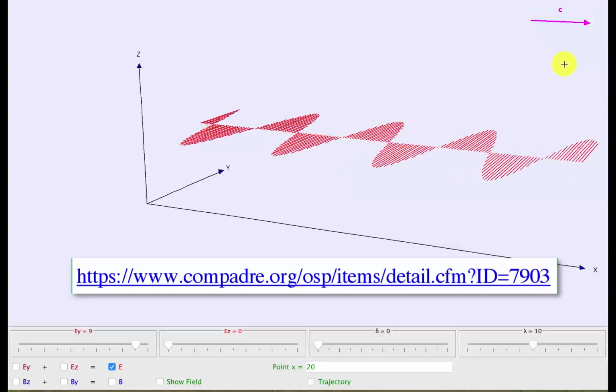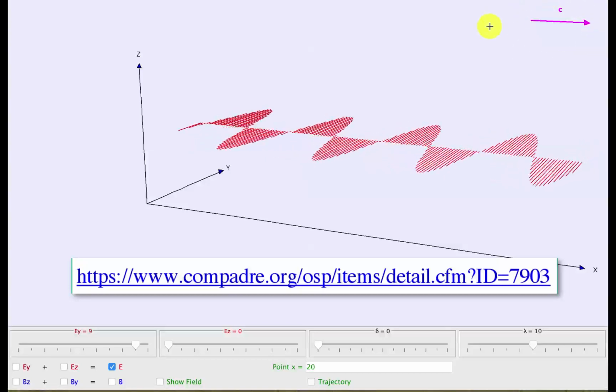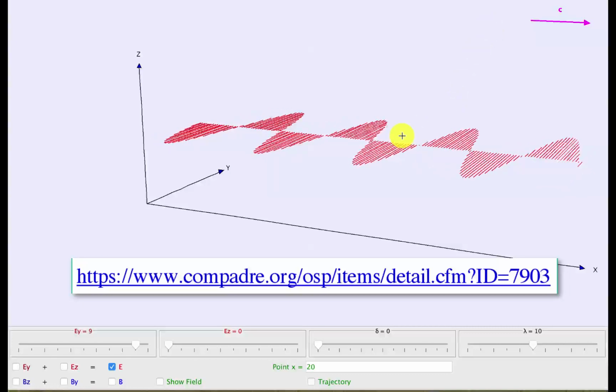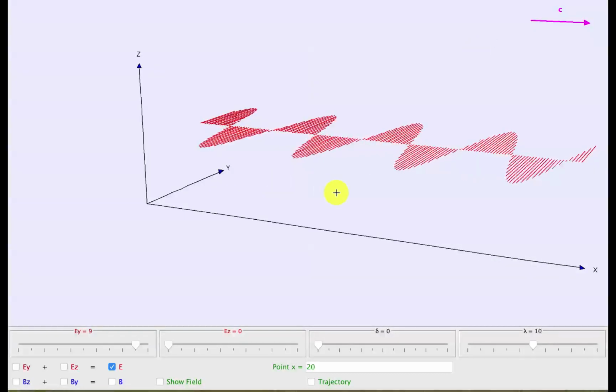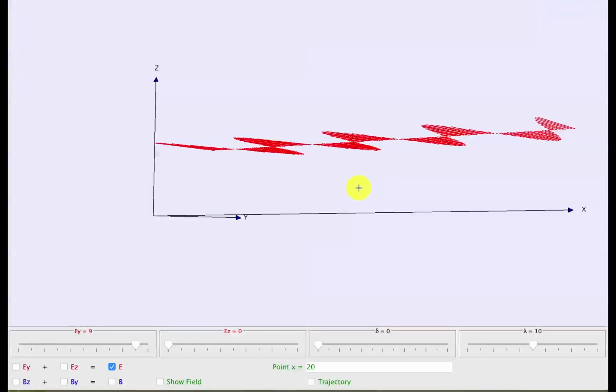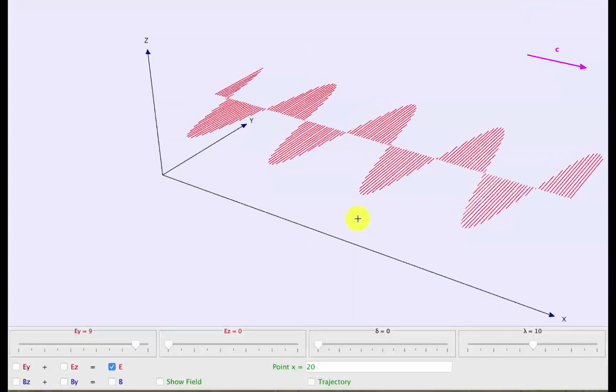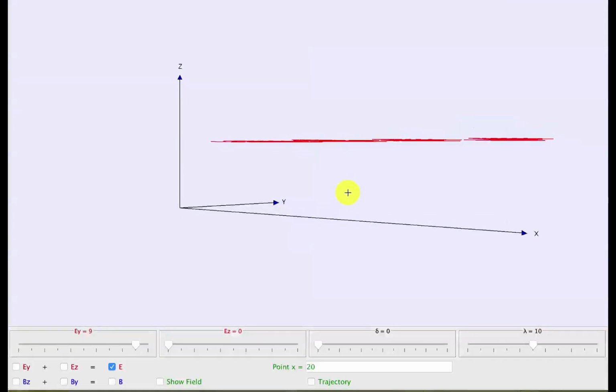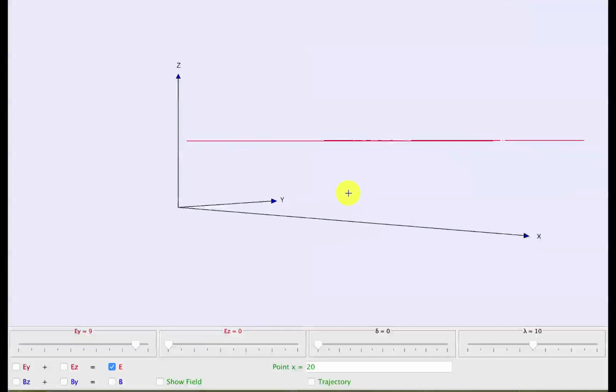Here is an electromagnetic field, just as discussed, which is traveling in the x direction. Its speed is v, and presently it is polarized in the y direction. So let me move this around a little bit so that you can see that the electric field lies in the y direction.